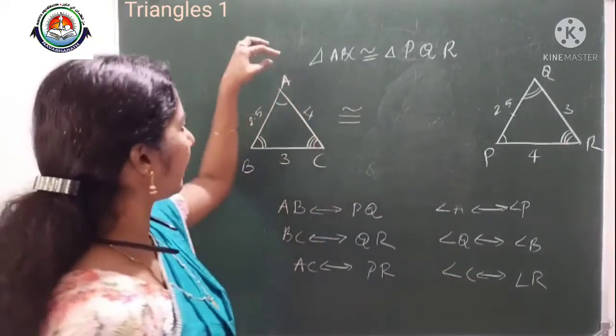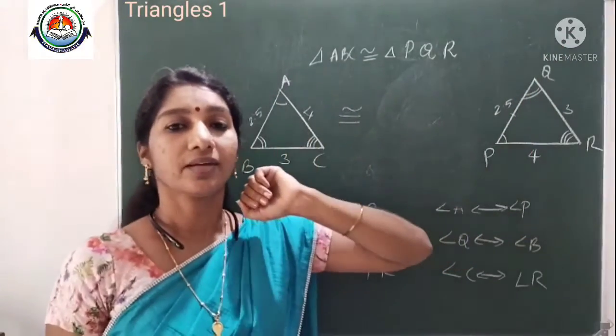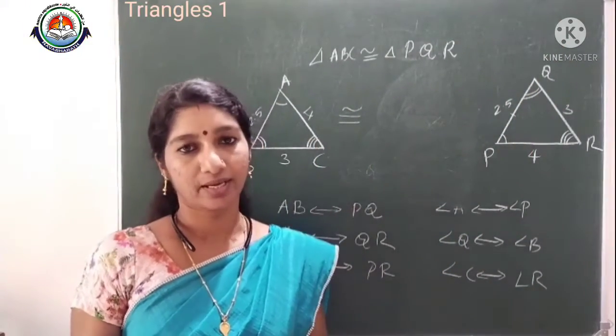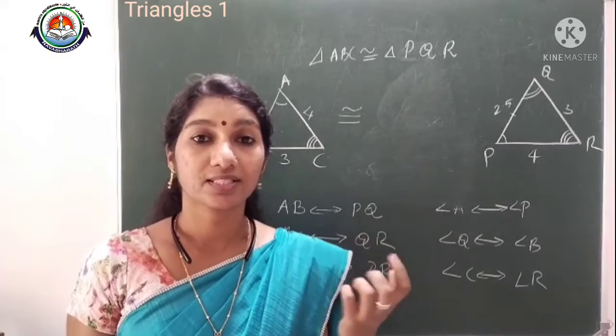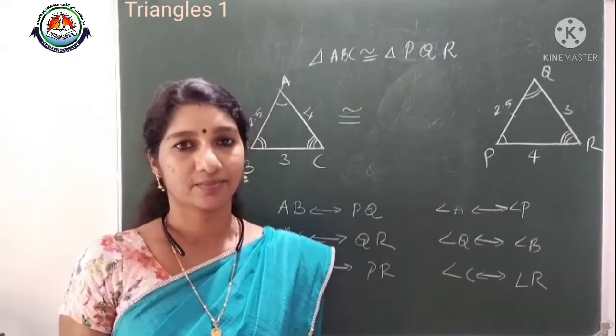By looking at it, A is on the top, so Q also should be on the top, not like that. We are looking at the side measures and angle measures. According to that, we will find out which are the corresponding vertices, angles or sides.